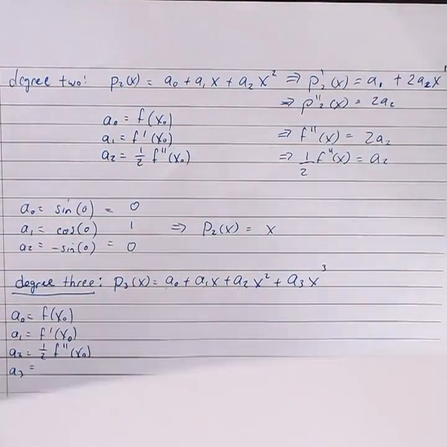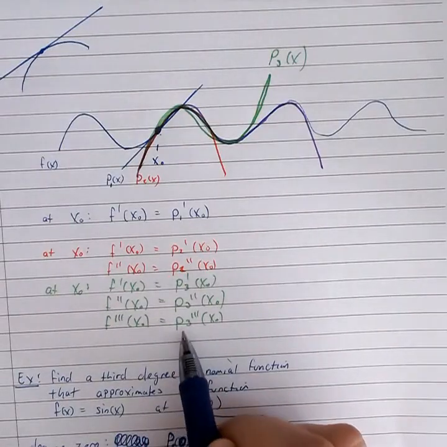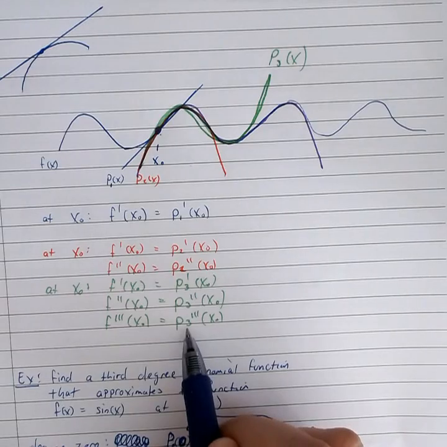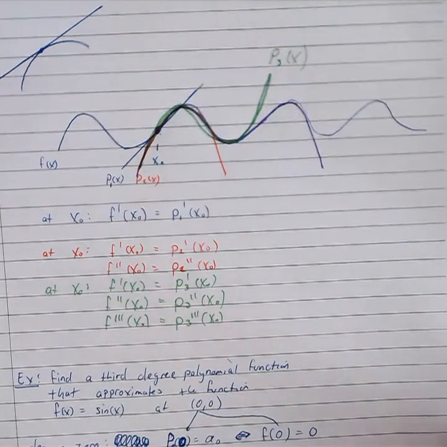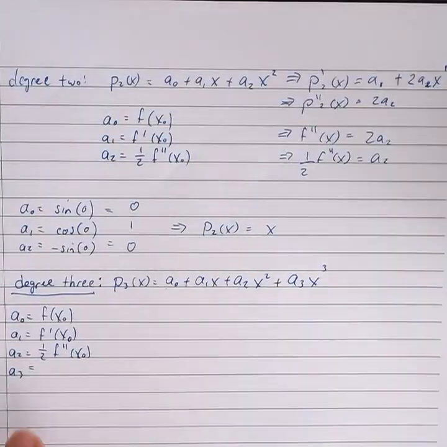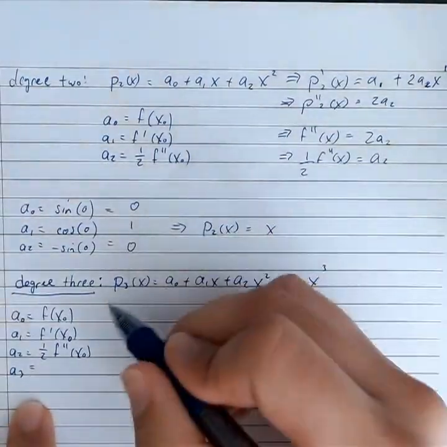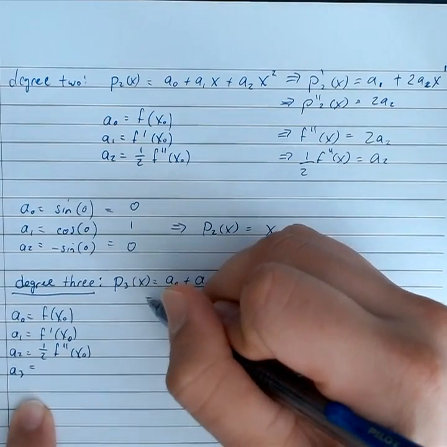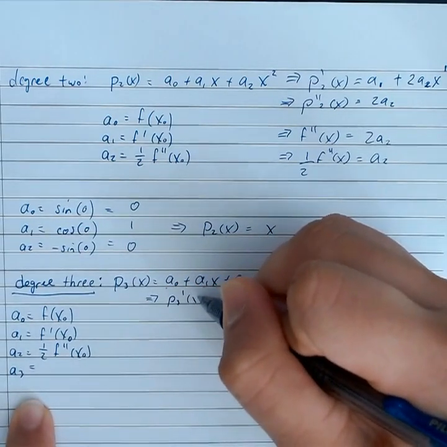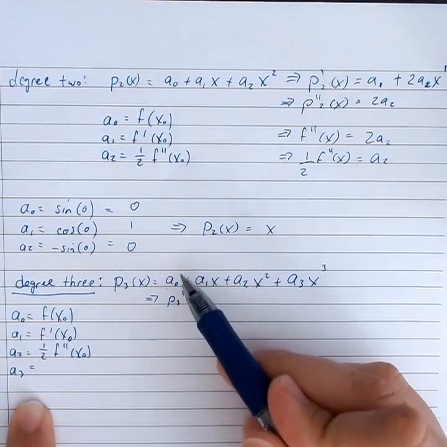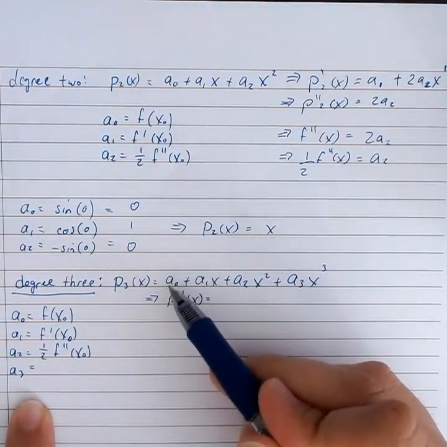Well, again, if we take the third derivative of our third degree polynomial, that's supposed to match the third derivative of the function f. Okay, so if I find the third derivative of this, well, let's see here. P sub 3 prime of x is, well, the derivative of a constant is 0.